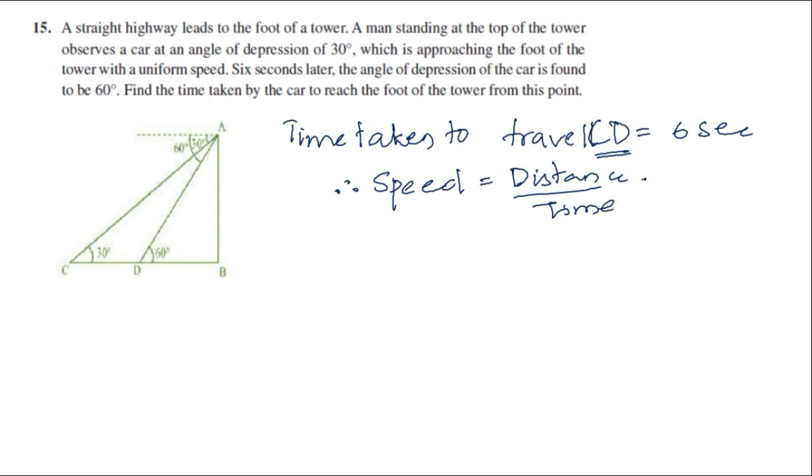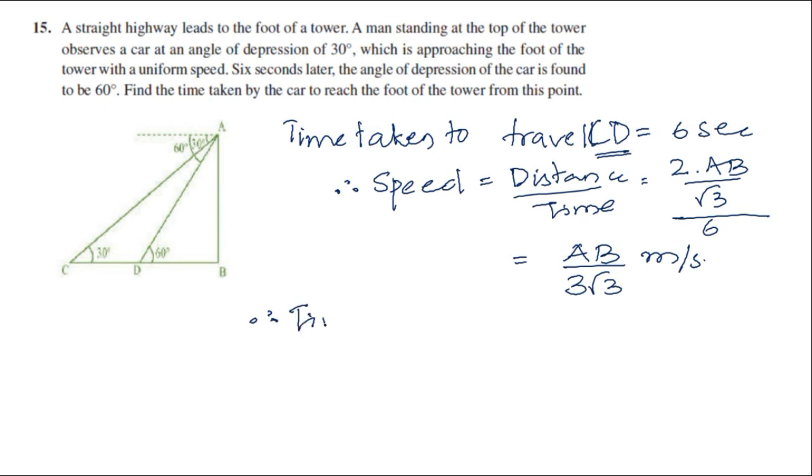Here the distance moved is 2 times AB by root 3. This is the length of CD divided by the time. Time is 6 seconds. So we get it as AB divided by 3 times root 3 meters per second.